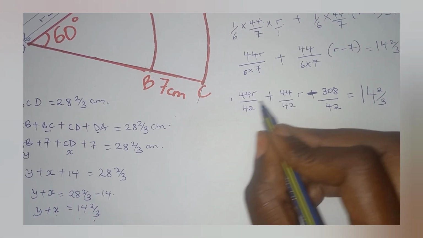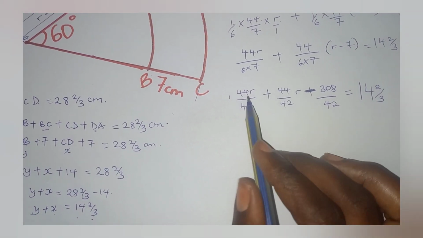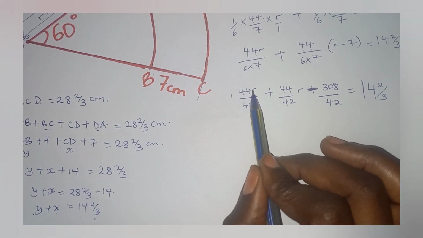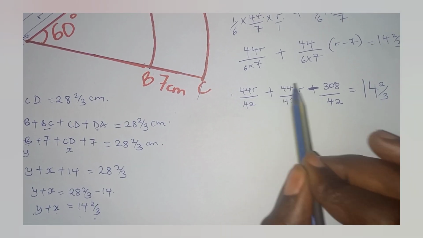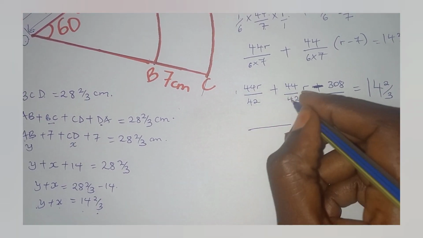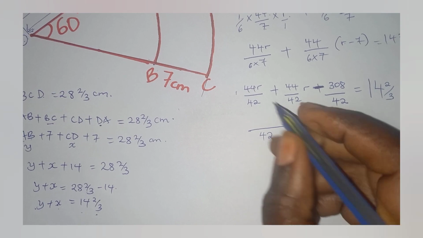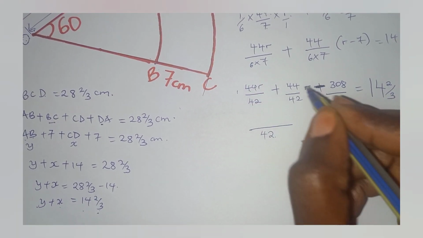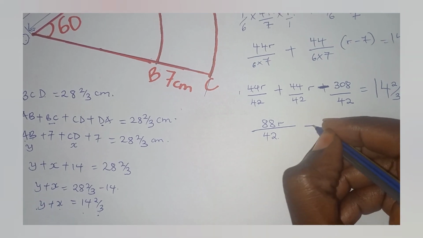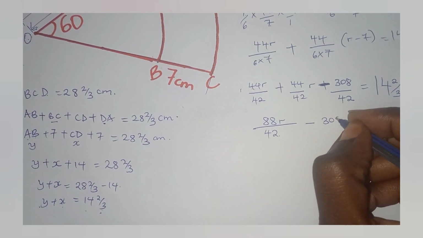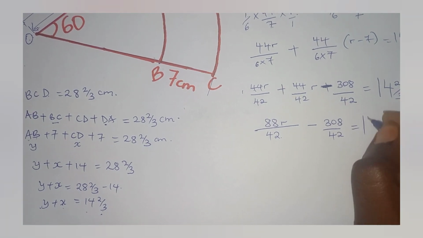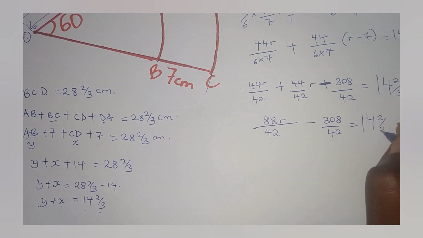Now when we collect the like terms, we take 44r over 42 plus 44r over 42. They have a common denominator, 42. Then when we add 44 plus 44, we get 88r minus 308 over 42 is equal to 14 and 2 over 3.